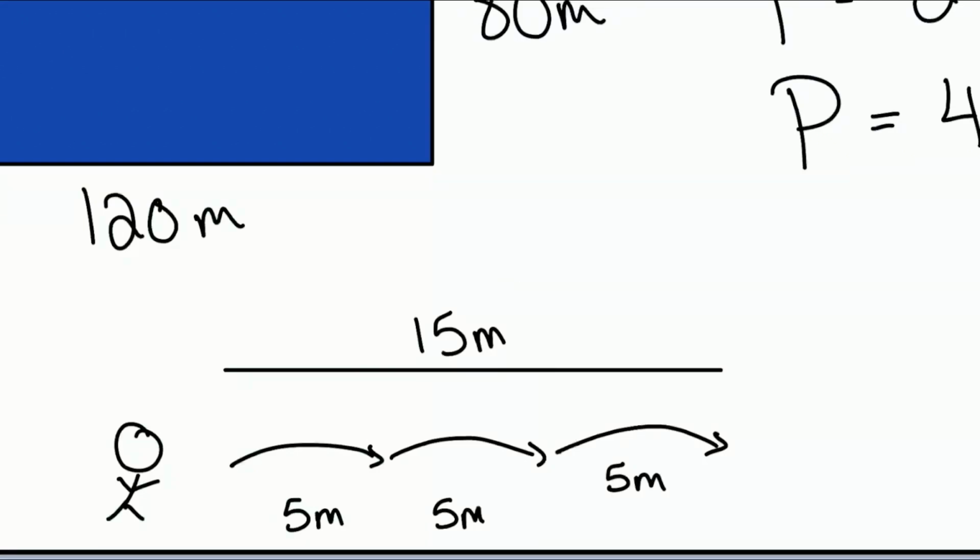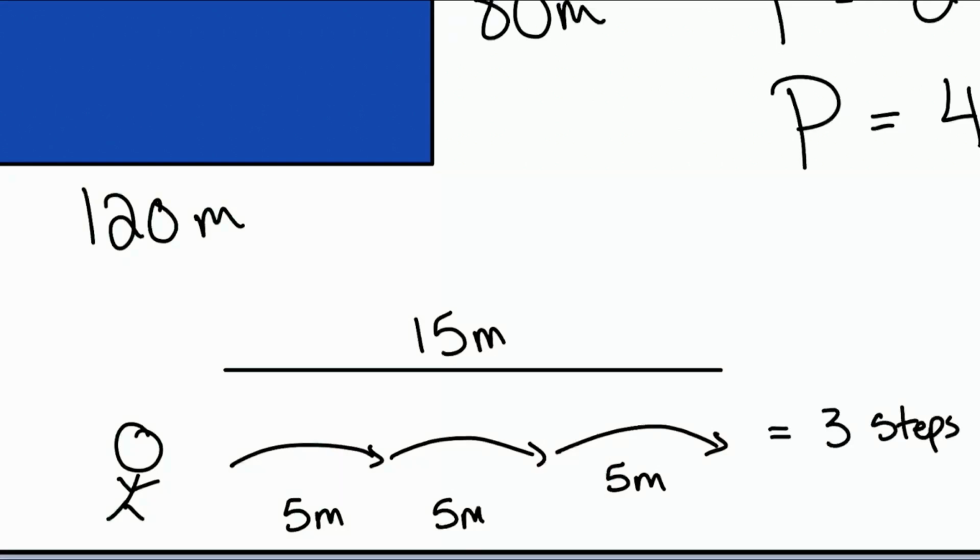So if every step is 5 meters, which is a pretty long distance, you divide the total distance by each step, and you'll get the number of steps. So 15 divided by 5 meters is 3 paces or 3 steps.